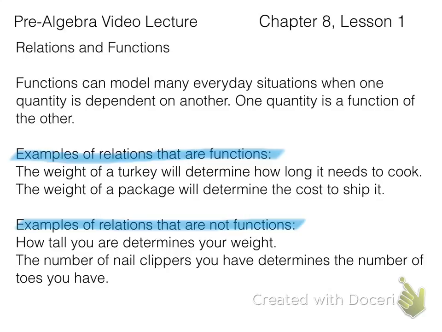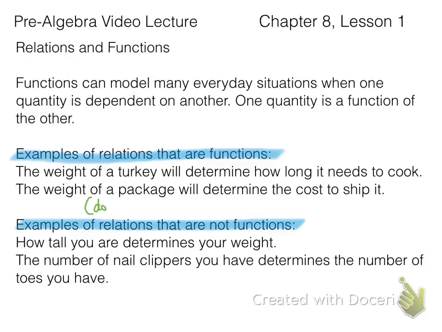So if we're not worried about the size of the package and we say, all right, I have 2 20-pound packages, as long as I ship them to the same place, it should cost the same amount. I'm not going to have one 20-pound package that's going to cost me $20 and one 20-pound package that's going to cost me $40. Now, again, as long as I'm obviously shipping them to the same place.